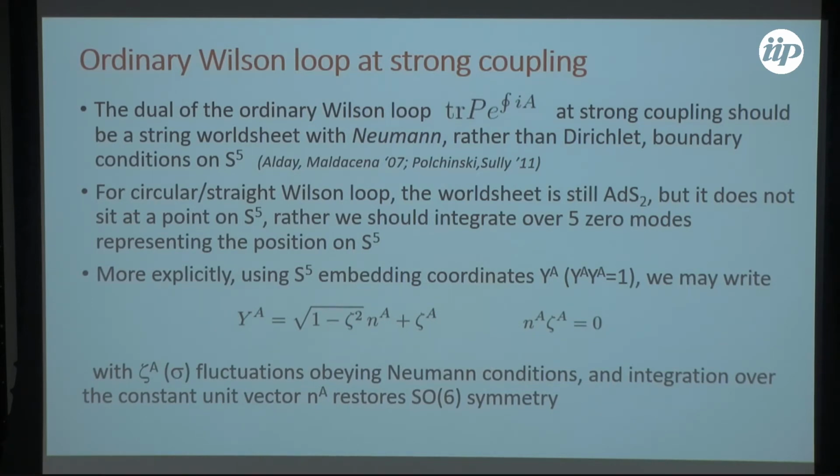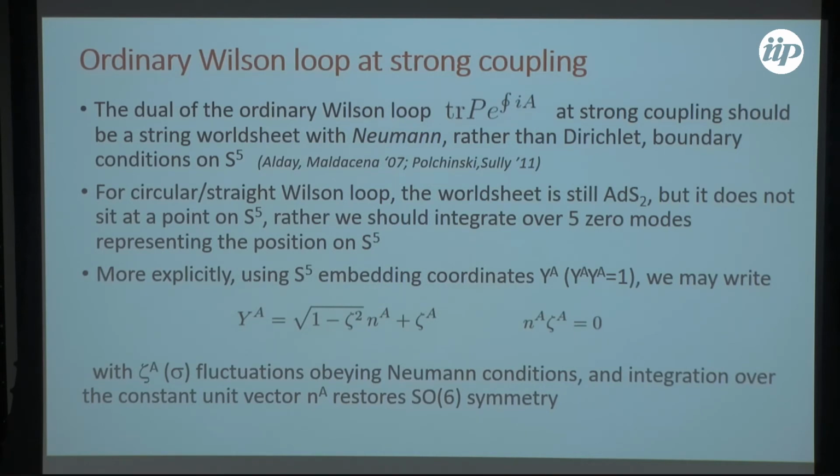That means we don't pick a particular point on the S5, so the worksheet doesn't sit at any specific point. We just use Neumann boundary condition, and then there are five zero modes, which describe the position on the S5, and we are supposed to integrate over that position to recover the SO6 symmetry of the operator.